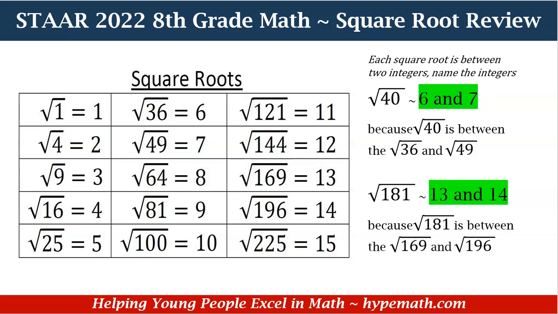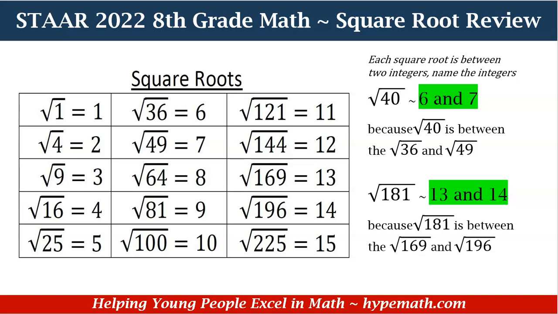Okay, so that's an example of finding the integers that the square root is in between if you don't have your handy dandy calculator, because those are questions you may have.